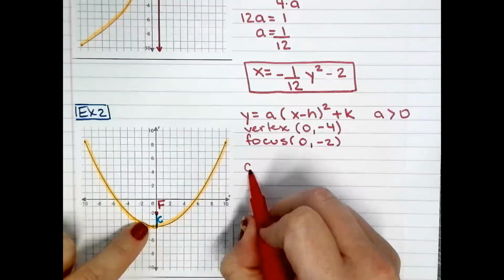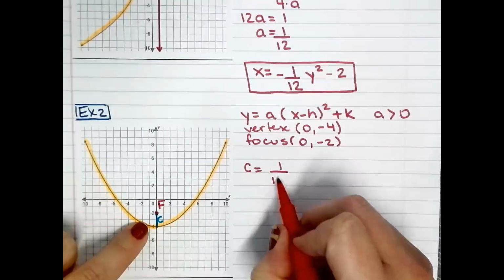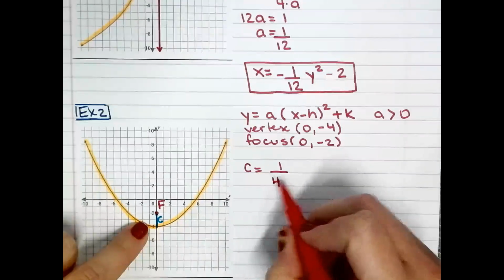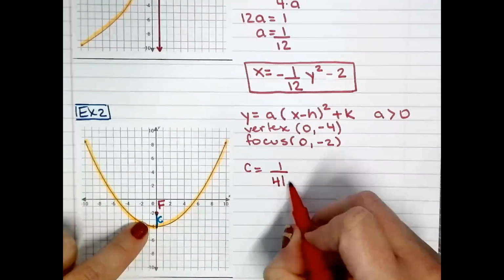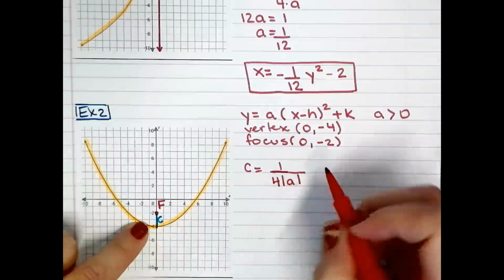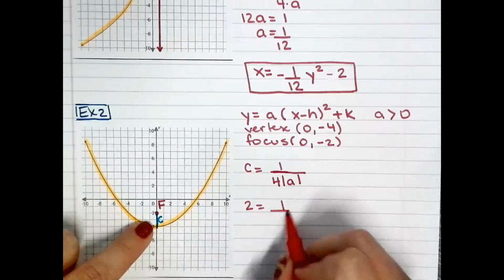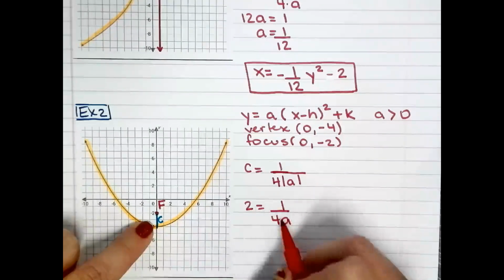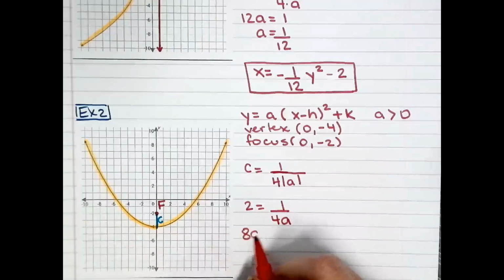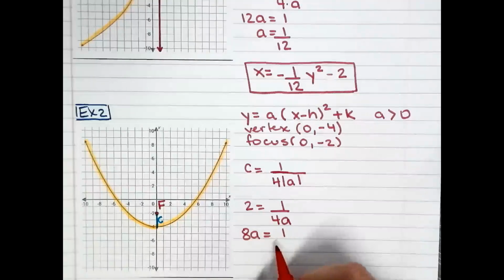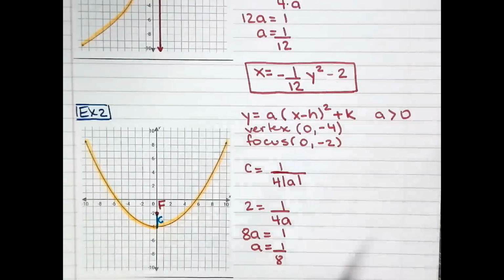At this point, I already know from example 1 that c is 1 over 4 times the absolute value of a. c is 2. Multiply, I have 8a. Divide both sides by 8. I have a is 1 over 8.